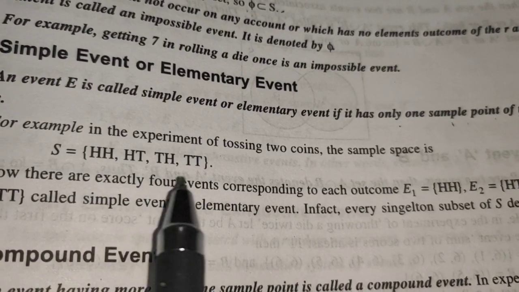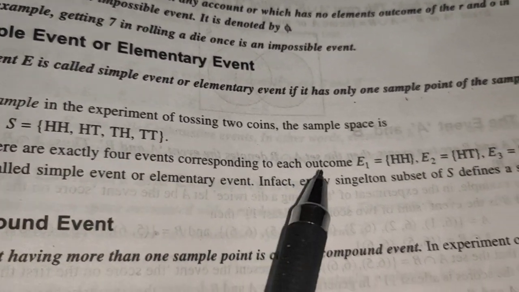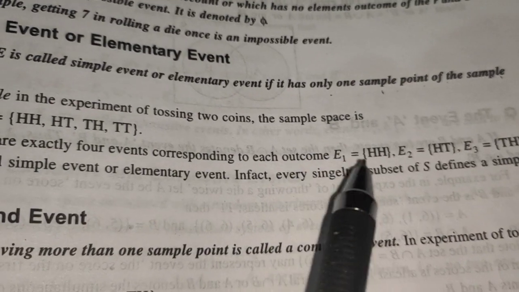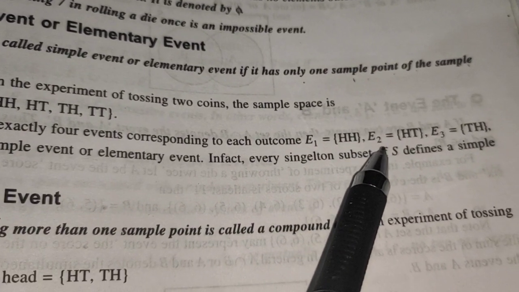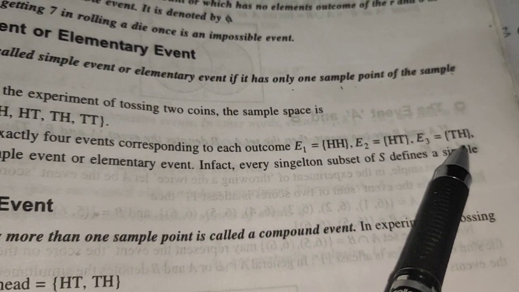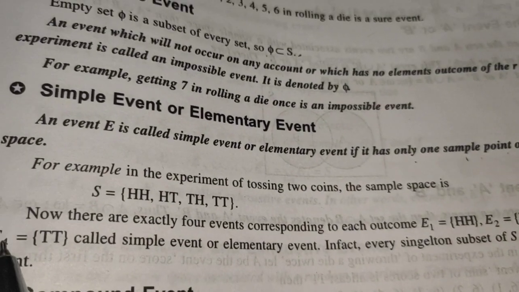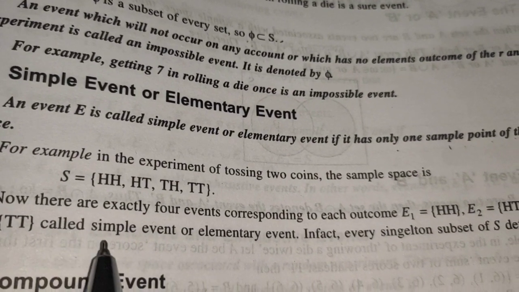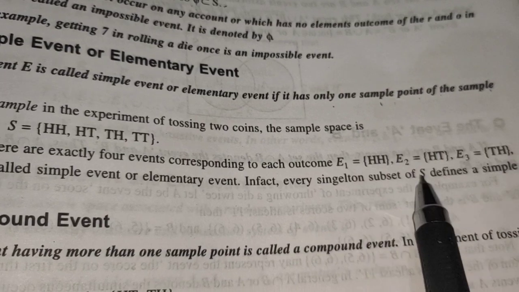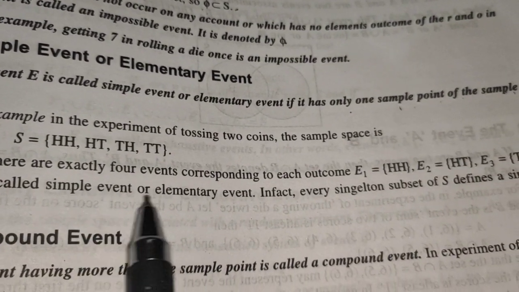There are exactly 4 events corresponding to the outcomes: E1, that is HH, E2, HT, E3, TH and E4, TT. All these individual events are known as simple events.